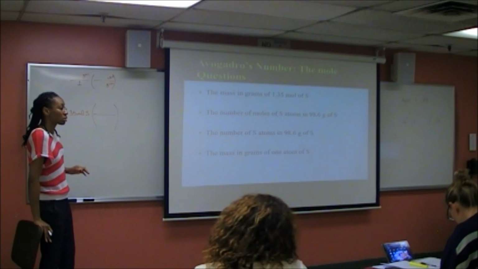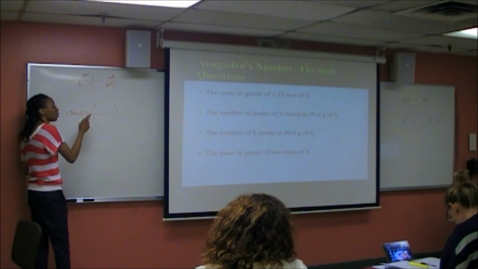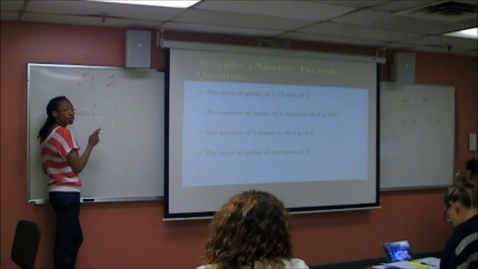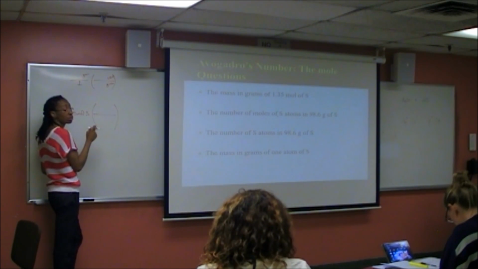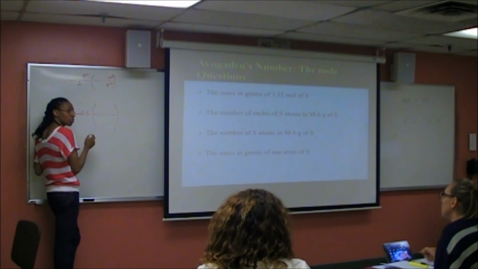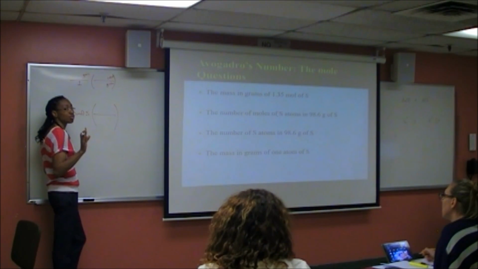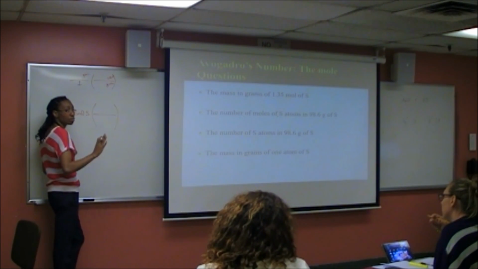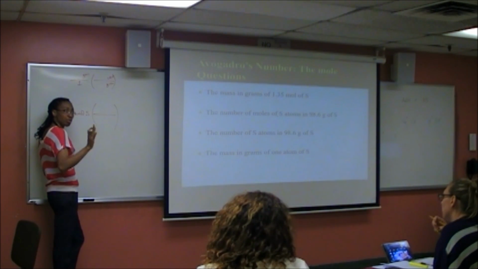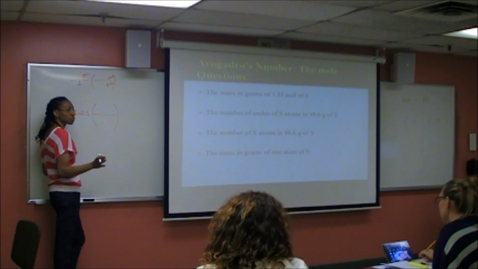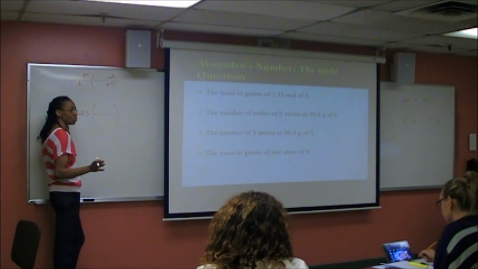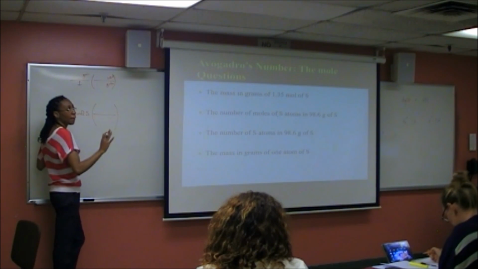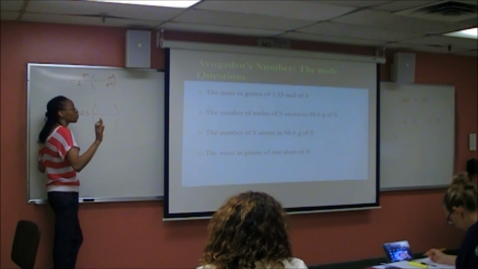The molar mass. So what do we have for the molar mass of sulfur? 32.065. So where does that go? The bottom. So what's the units for my molar mass? Grams per mole. We want our molar mass in grams per mole.